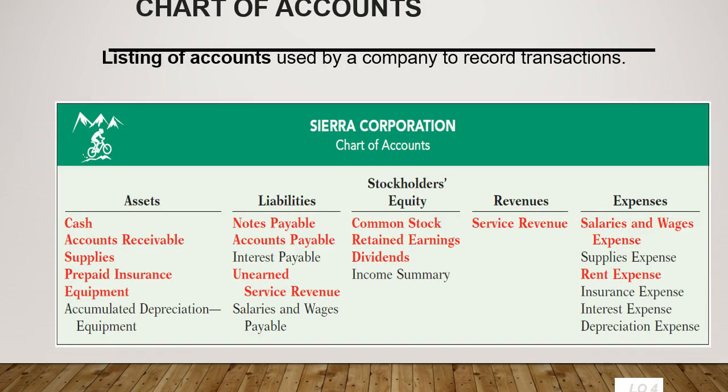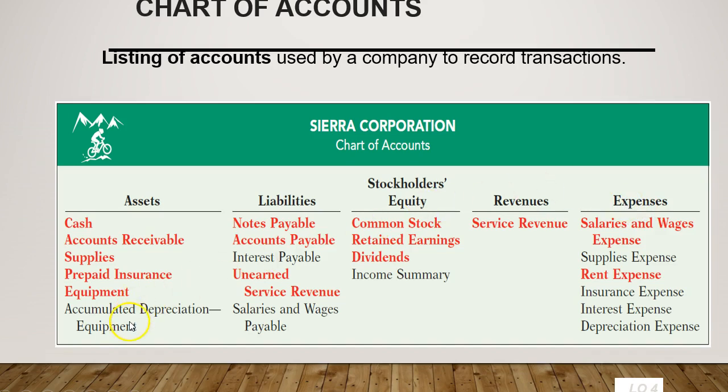Well, first, we'll take a look at a sample chart of accounts. Okay? A chart of accounts is a listing of all of the accounts used by a company to record their business transactions. The chart of accounts is broken down by account classification. You always have first your asset accounts, then your liabilities, stockholders' equity, revenue accounts, and your expenses.